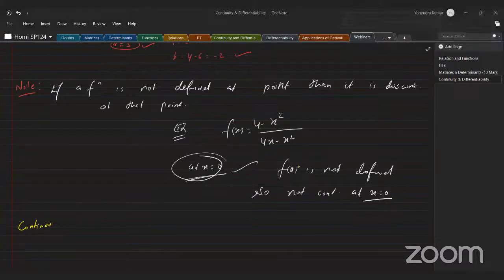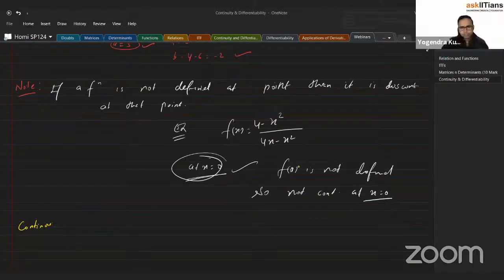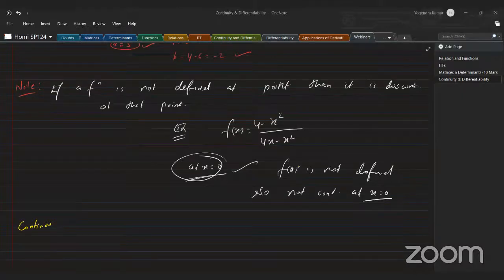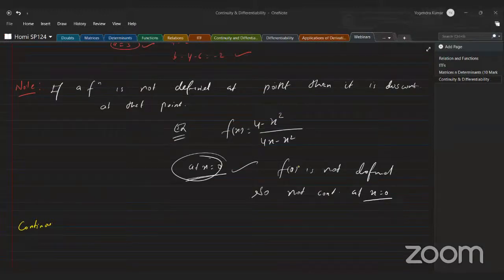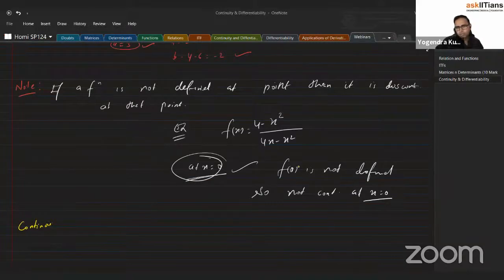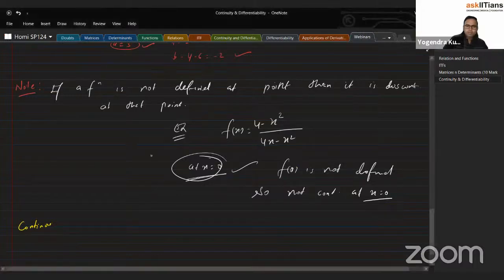It is becoming 0, right? At 2 it is not becoming undefined. What about 4? At 4 it is not defined, right? Yes, sir. Yeah, 4, correct.